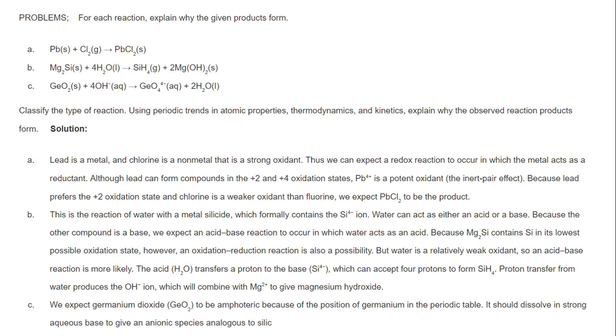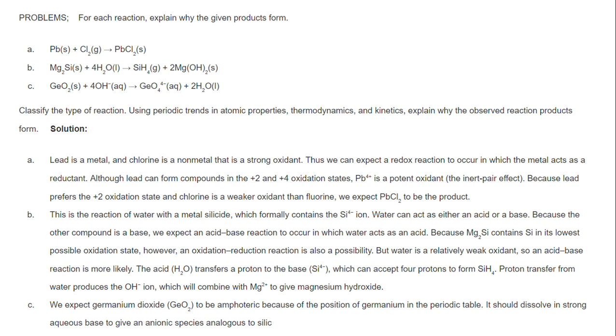Now for the second type of reaction, in which the metal silicide reacts with water. This is the reaction of water with a metallic silicide which formally contains the Si4- ion. Water can act as either an acid or a base. Because the other compound is a base, we expect an acid-base reaction to occur in which water acts as an acid, because Mg2Si contains silicon in its lowest possible oxidation state. However, an oxidation-reduction reaction is also a possibility, but water is a relatively weak oxidant, so an acid-base reaction is more likely.